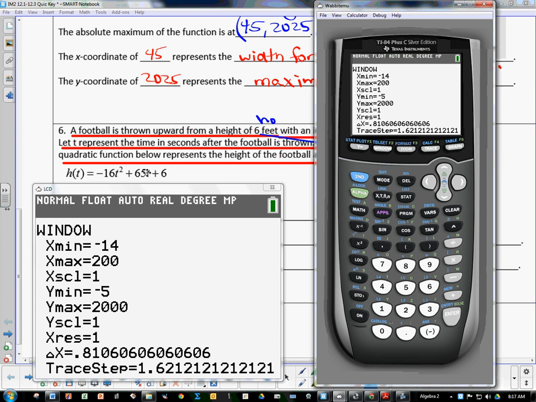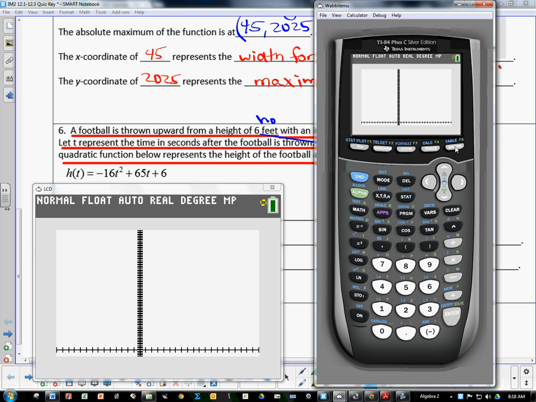X max. Now the X max, do you think X is going to represent height or time? Time. It's your independent variable. So let's do, how about, let's just do 20 so we can see a bunch of the graph here in seconds. Let's head down to Y max. Now this is the height. Give me a reasonable number. 100? Fine, 100. Let's graph this and let's see if it makes sense.